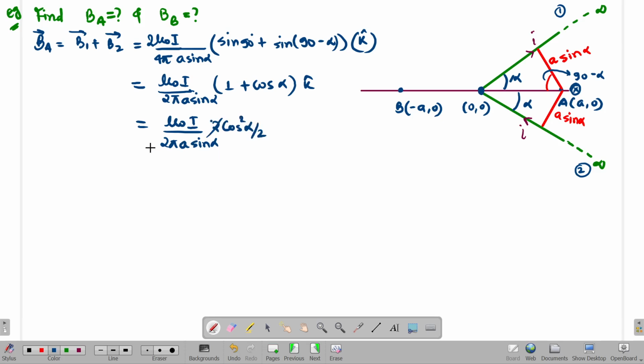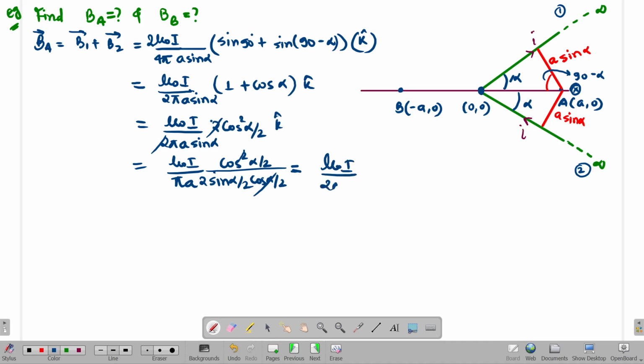Yes, so 2 got cancelled, and this is mu naught I by pi A sine alpha, which can be written as 2 sine alpha by 2 cos alpha by 2, and this is cos square alpha by 2. So this got cancelled. So this is mu naught I by 2 pi A cot alpha by 2.